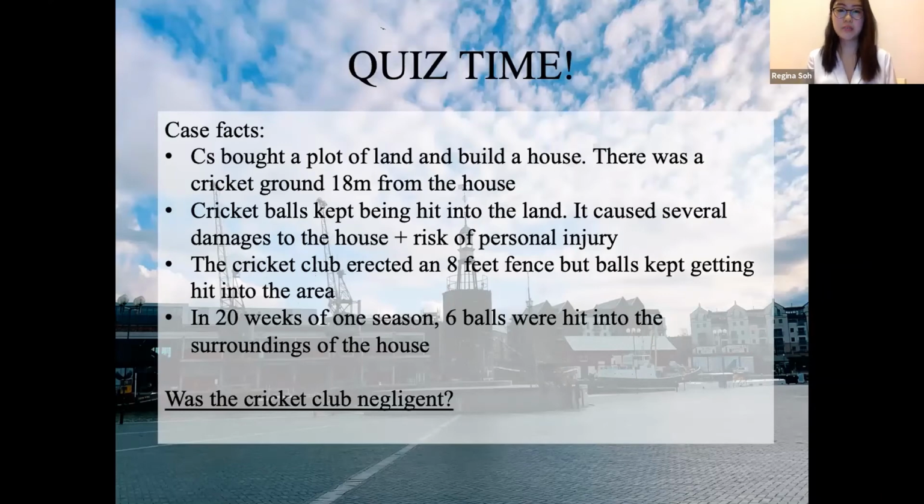And it was held that the cricket club was negligent. So this comes to the end of the bit on tort law and objective and subjective tests. I hope this was quite informative, and then I'll just move on to sharing more about my life in Bristol and in law school in the UK.